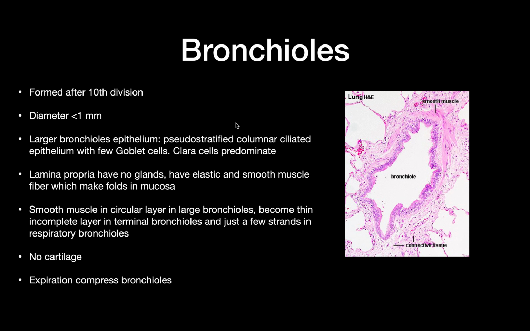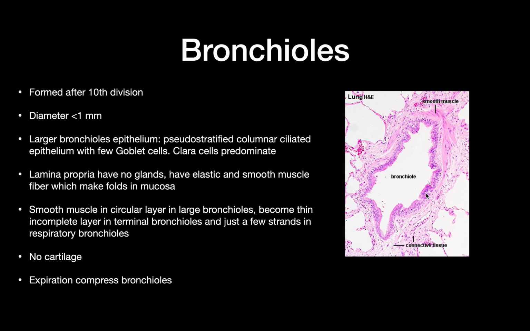So they're getting shorter and shorter, so they're not stratified anymore. They're pseudostratified layers of cells, and they're ciliated with few goblet cells, and they have more Clara cells. So the lamina propria, like I said, didn't have any glands, and instead they have more elastic and smooth muscles, which make the folds in the mucosa.